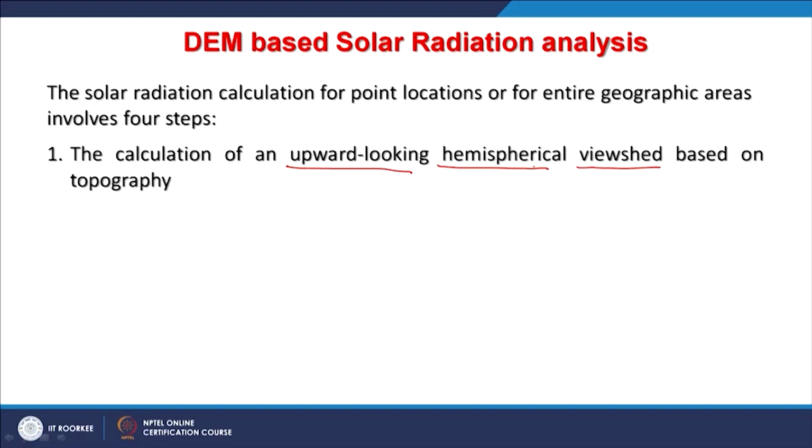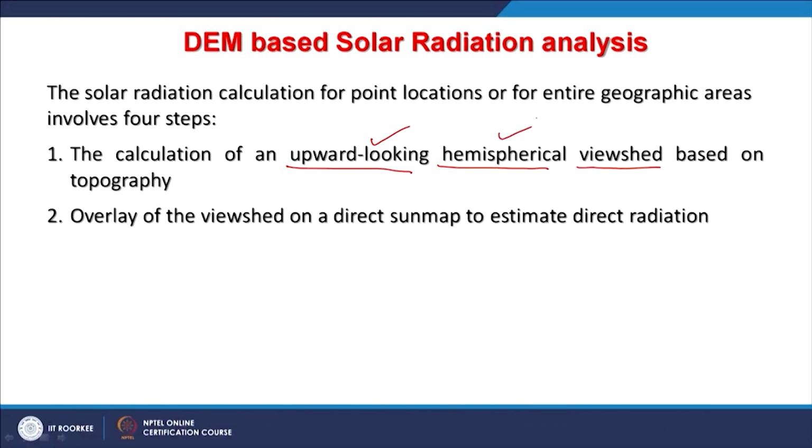So, these 3 words are important: upward looking hemispherical viewshed based on the topography. If somebody is located in a valley, then this viewshed is going to be very narrow. But if somebody is on top of a hill or on a peak, then naturally the viewshed is going to be very high. So, it depends on the topography.